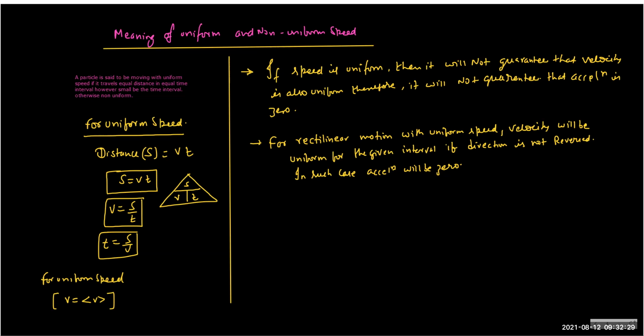This is the first pointer. It is possible to have uniform speed and non-zero acceleration, because acceleration depends on velocity. You may be moving with uniform speed, but you are changing the direction, so you will have acceleration. Understood? So the answer is yes, it is possible.